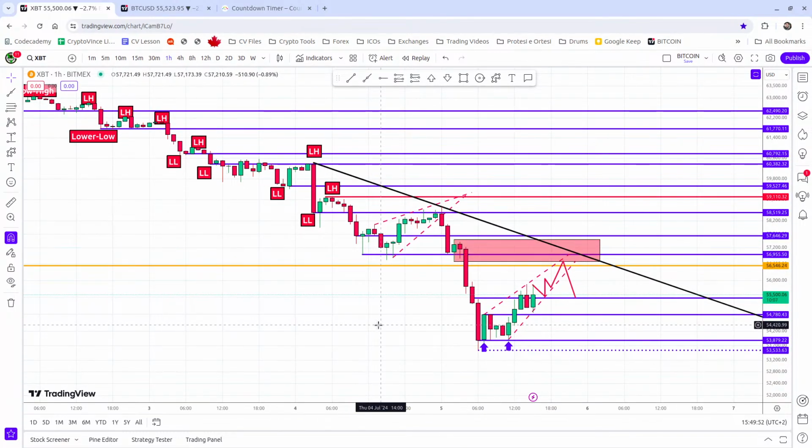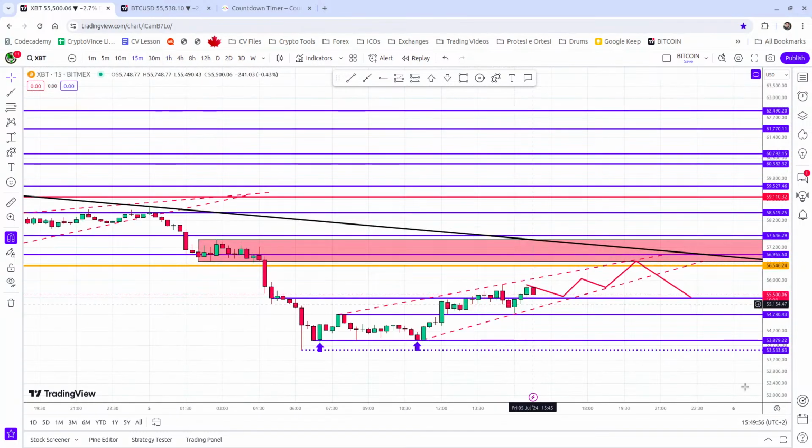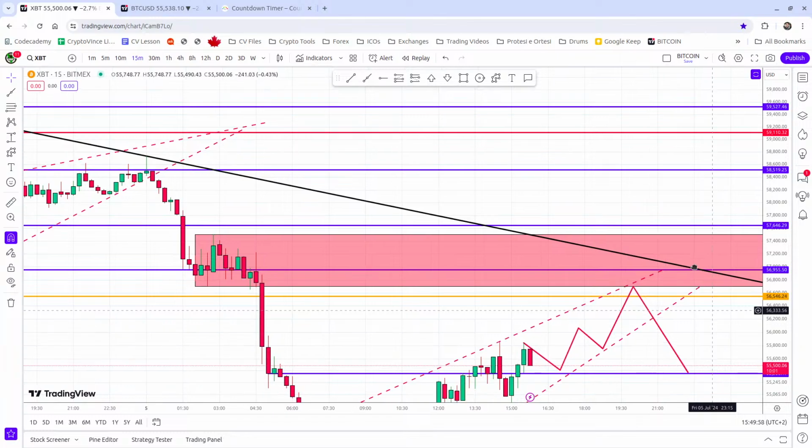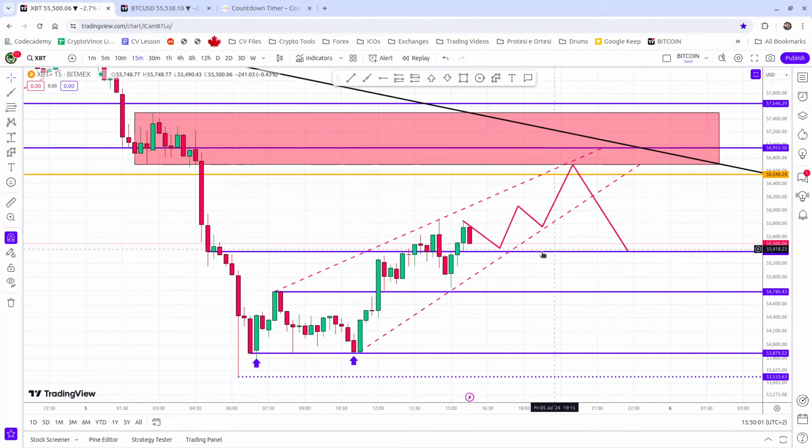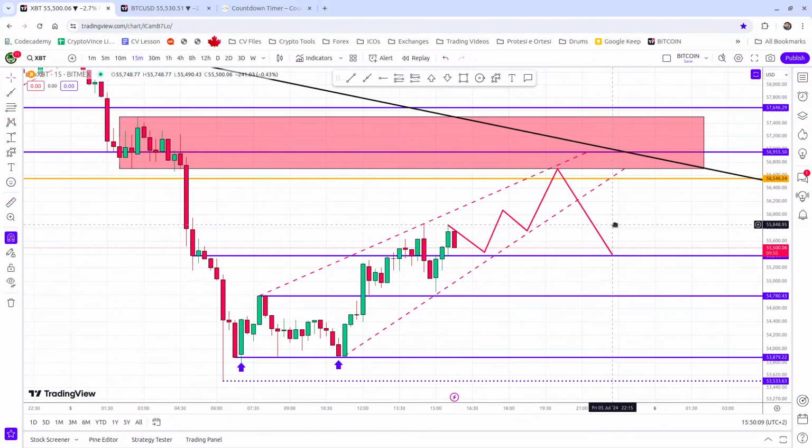What else? We took a look at the 15 minutes time frame. This, I think, could happen. Might break down lower.